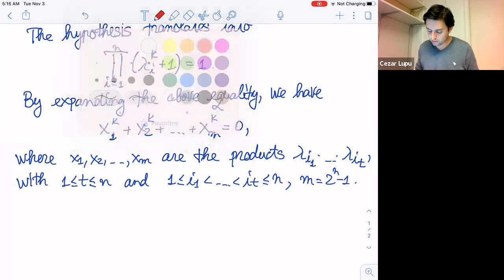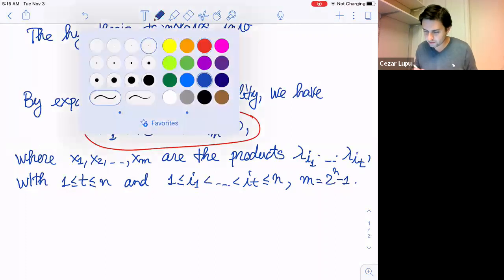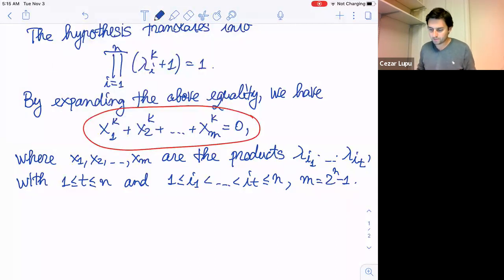All right. So this is how we translate this condition, by expanding. And now we're in a very fortunate position at this point, because when you have these sums equal to 0, then you can definitely apply Newton's formula. We have discussed this. So let me just say this.